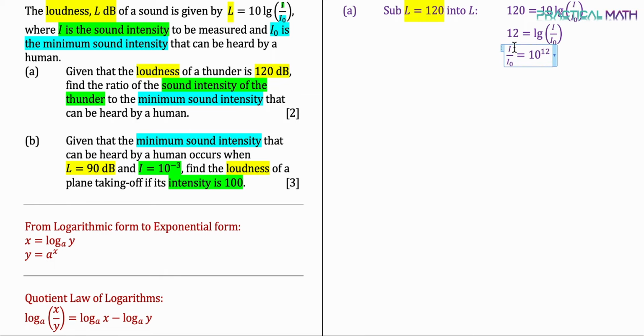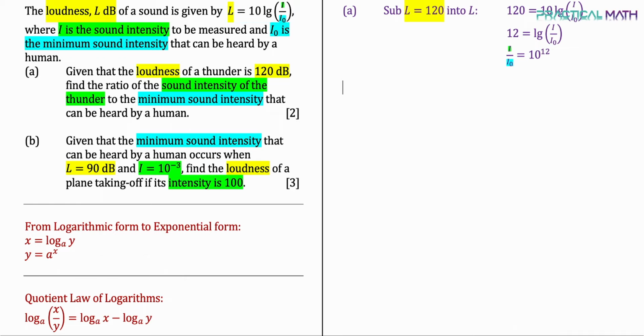So now notice that this is the exact ratio that we need, because they want us to find the ratio of I to I naught, the ratio of the sound intensity to the minimum sound intensity. The sound intensity of the thunder, the one that is to be measured, is in green. So I to I naught is actually 10 to the power of 12.